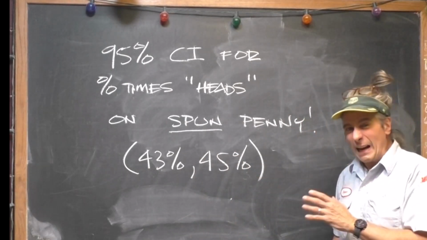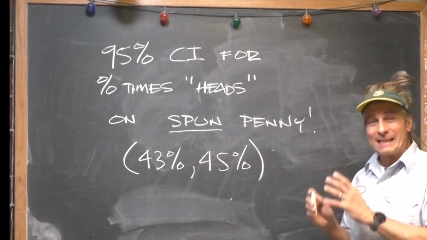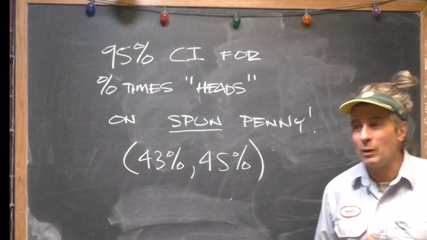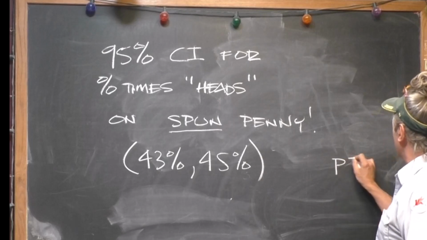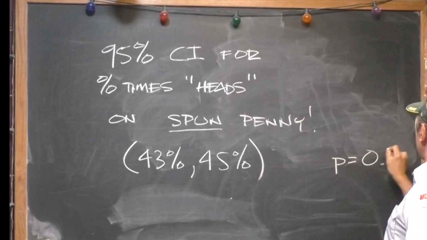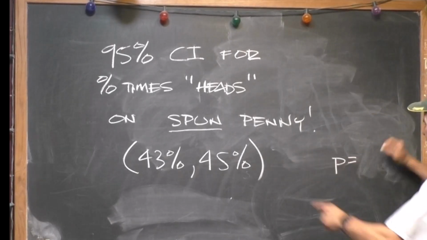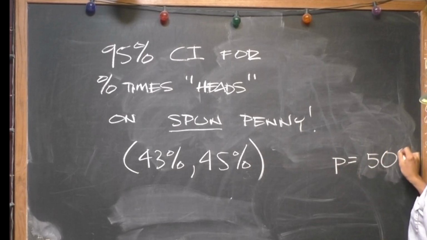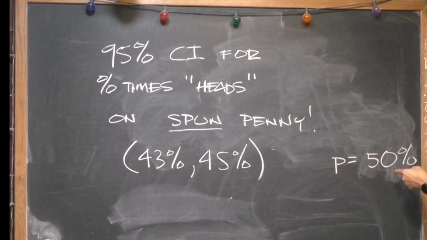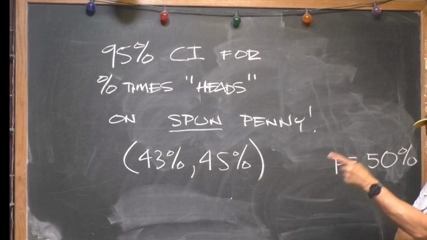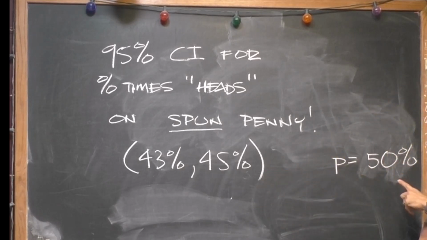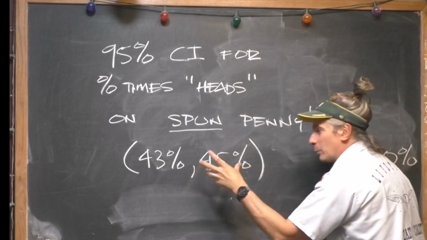Now, I call that a statistically significant result because when we went into that, we were expecting a proportion of 50%, 0.5, let me write it as 50% since I wrote those as percentages. We were expecting this, but we got that. That is statistically significantly different than this because 50% is not within that range.